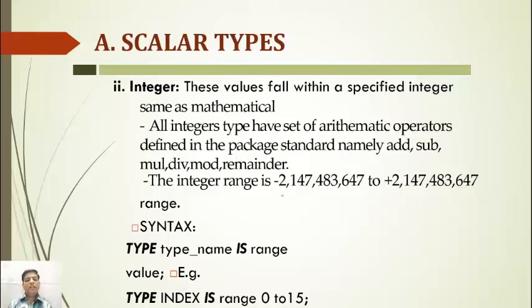See that it is a very big range, and a total of 10 digits should be there. That is the big range for integer. These values fall within a specified integer, same as mathematical.